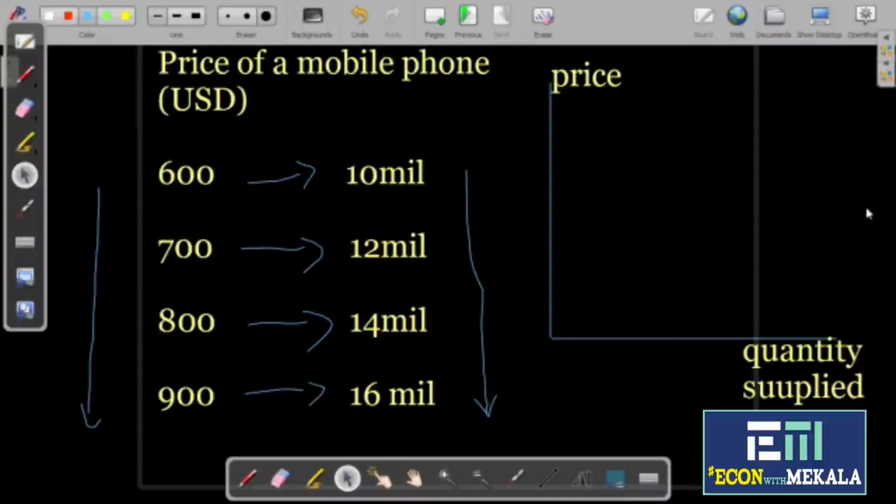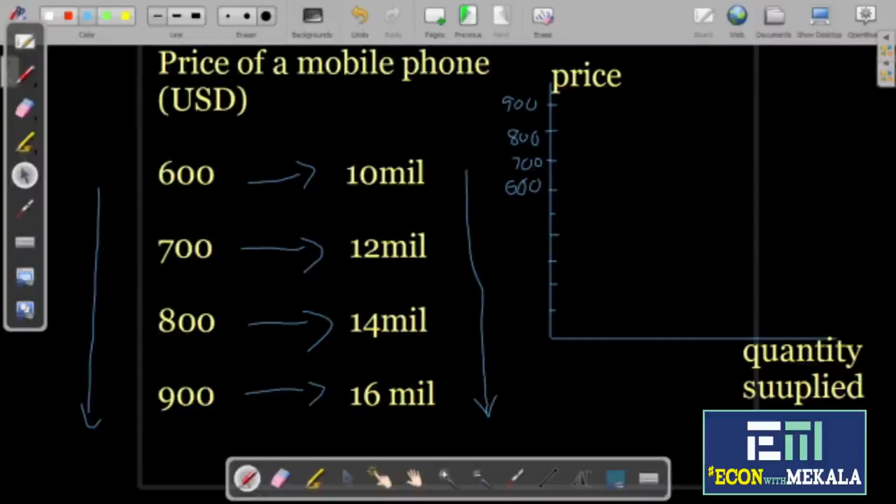Now let's construct our supply curve looking at the supply schedule we have on our left. We have 4 different prices starting from 600. So let's assume it goes 100 by 100. So this is 600, this is 700, this is 800, and this is 900.